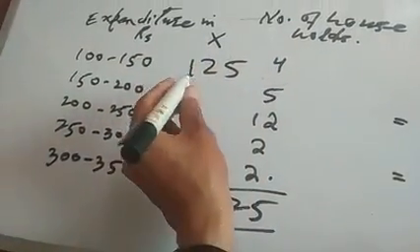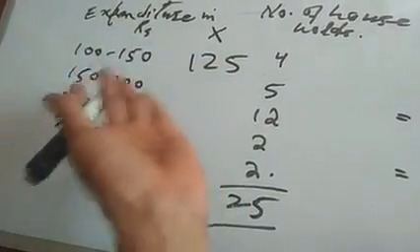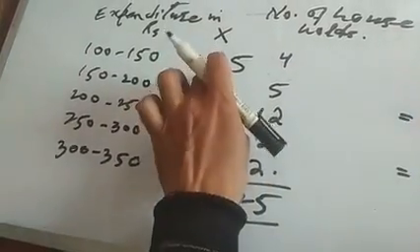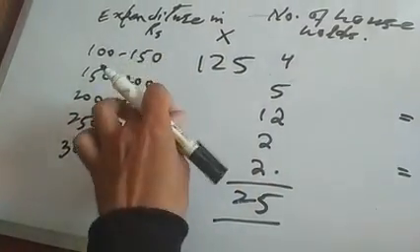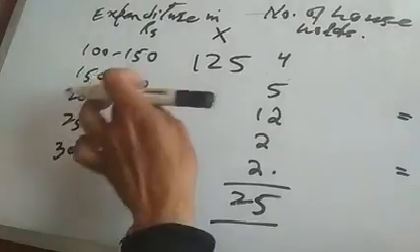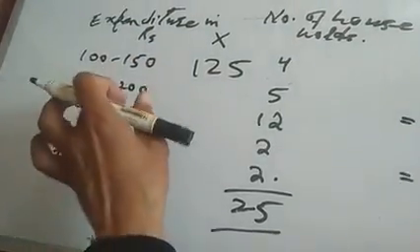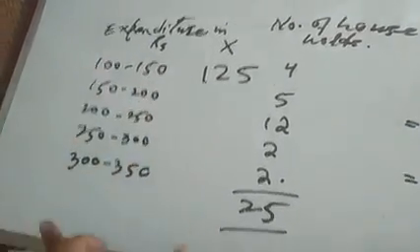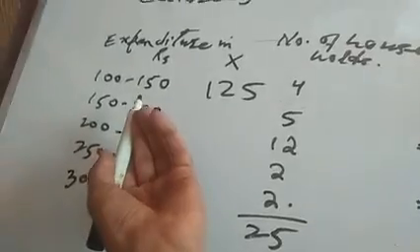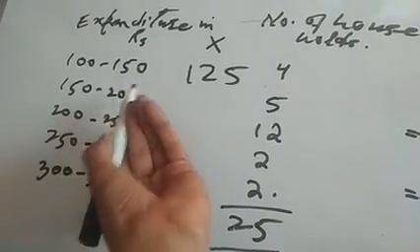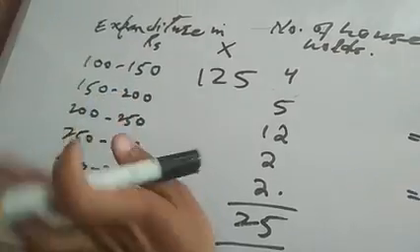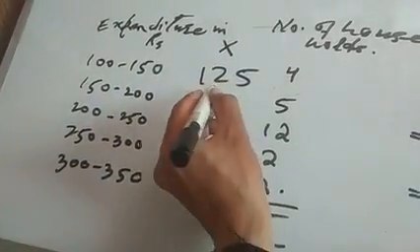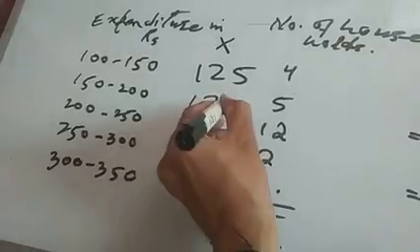So you only have to add the class size, 50, to this, and you will get the mid value for subsequent intervals. You don't need to find it for each and every interval. But if the class size is not the same, then you have to find the mid value of each and every interval. Here you don't need to, because the class size is the same, 50. So I will add 50 to this, so it will become 175.